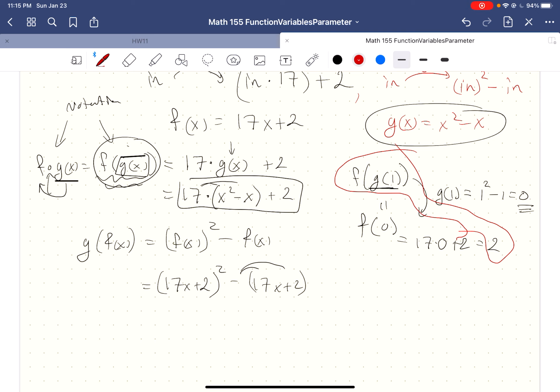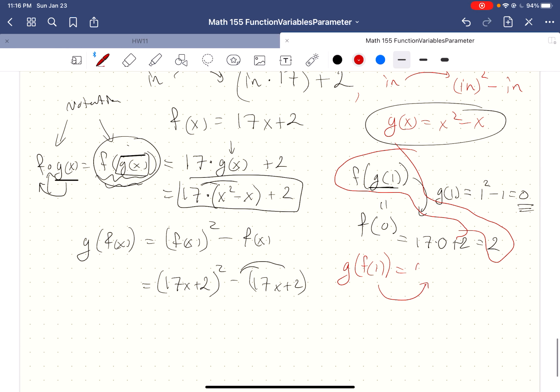If I flip the order and I look at g of f of 1, my input is f of 1, so I have to figure that out first. f of 1 is 17 times 1 plus 2, which is just 19. So 19 goes here.